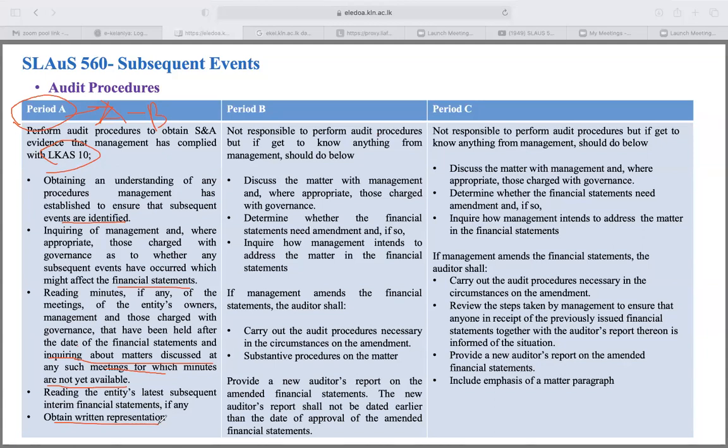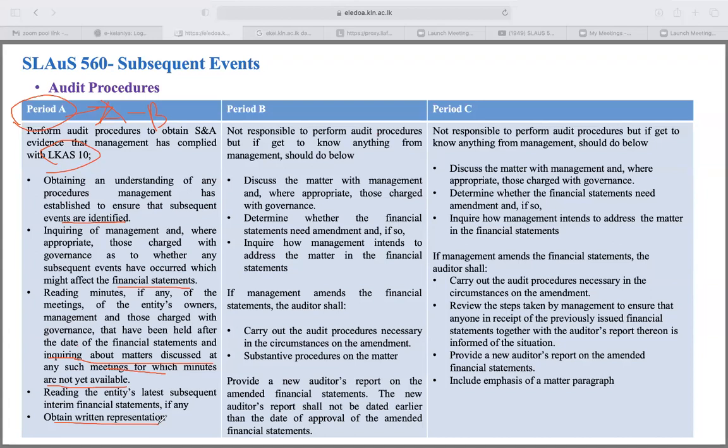And by doing that, what is happening? The whole responsibility for subsequent events after the reporting period is taken by the management, so the auditor's risk will be mitigated. I will show the written representation after completing SLAUS 560, right? So written representation is like that.